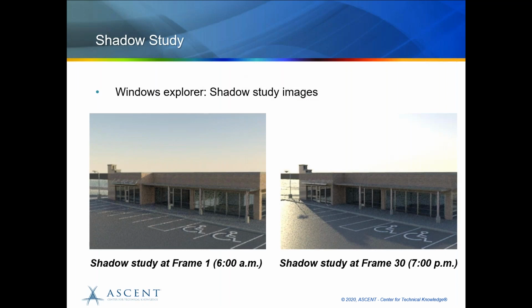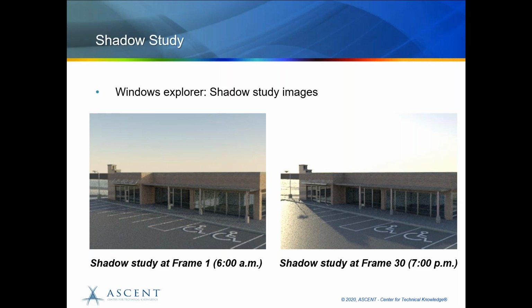Here I'm showing just two images up on the screen. One is the shadow study at frame 1, which is at 6 a.m. for the exterior of the building, and then we have the shadow study at frame 30, which is the last frame. I had kept it at frame 1 and frame 30, and that is at 7 p.m. in the evening.